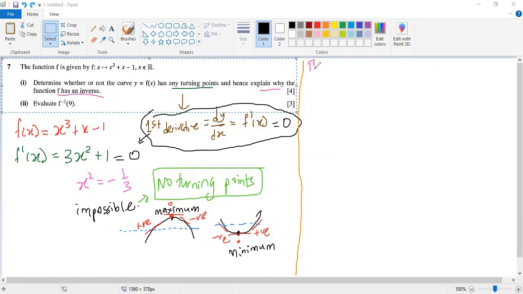With no turning points, it is a one-to-one function. One-to-one means that for each x there is a unique y. That's all you need to say for the real answer.